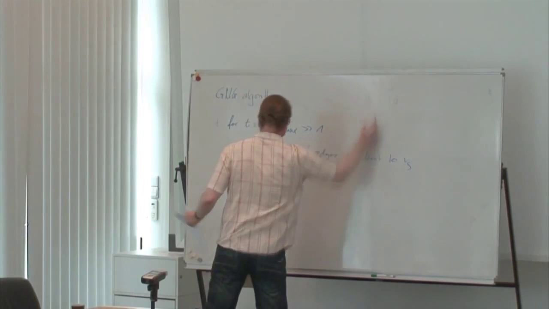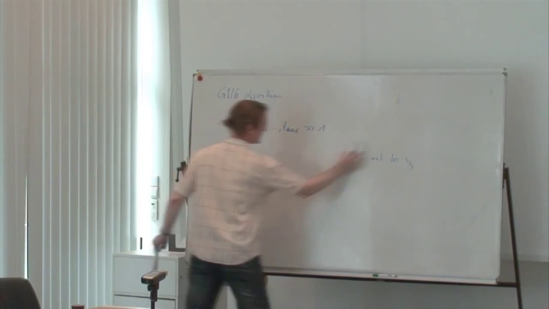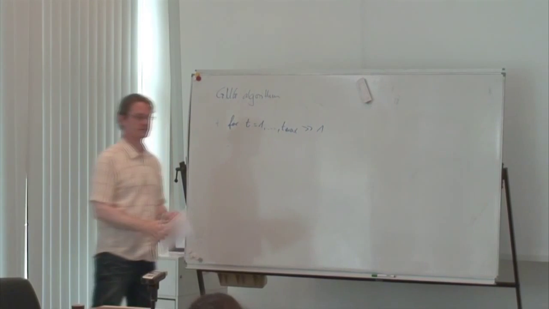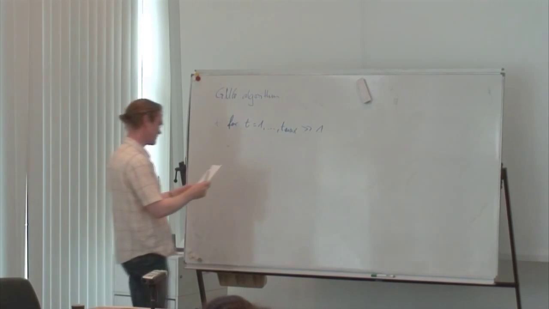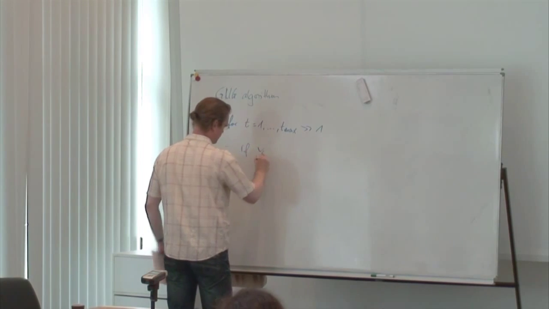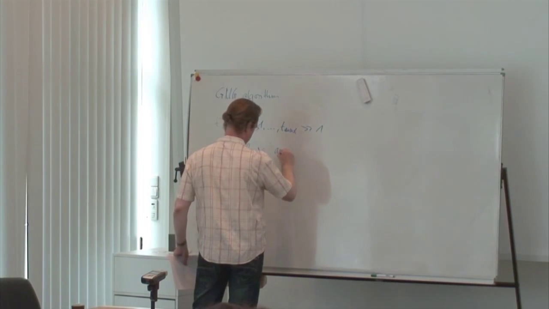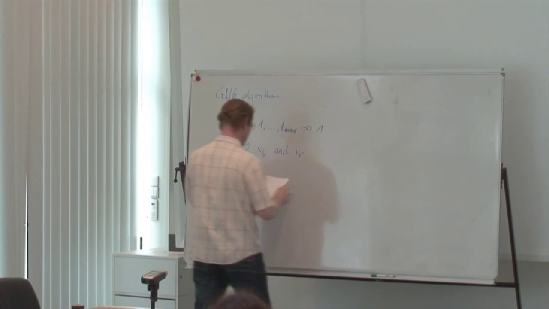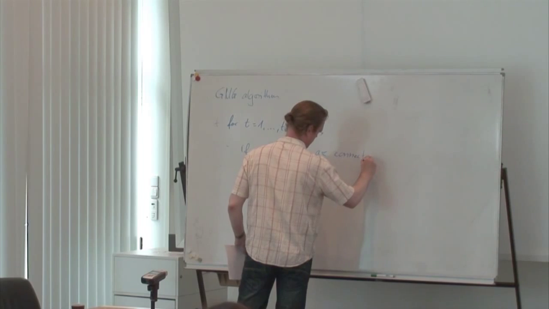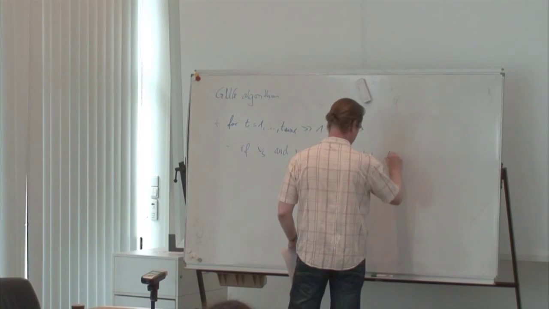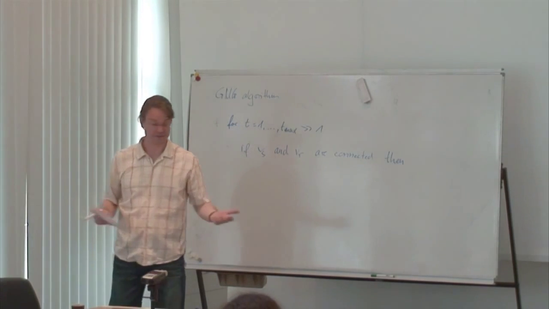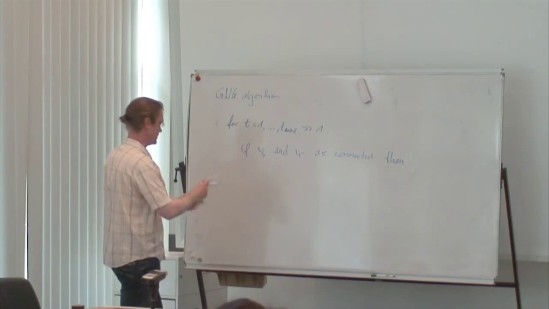Now, why did we determine the closest and second closest vertex to the current sample point? It becomes apparent now. If vertex Vs and Vr are connected, then we set the age of the edge between the two to 0.